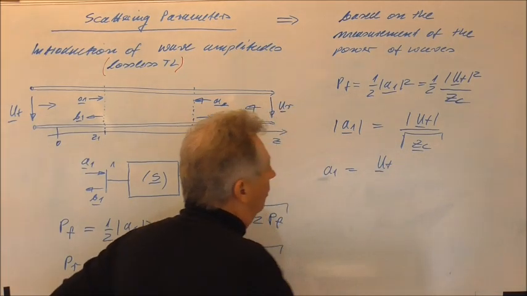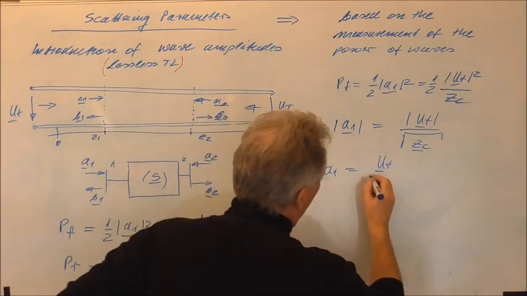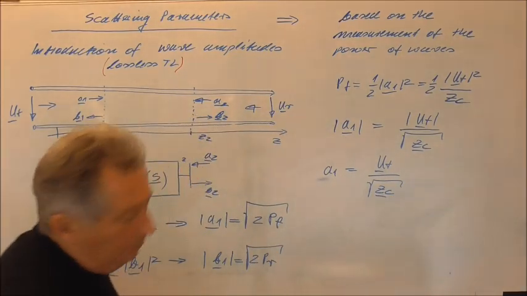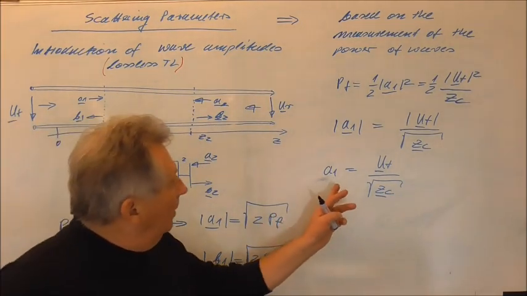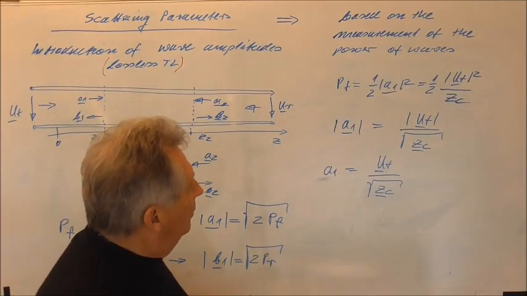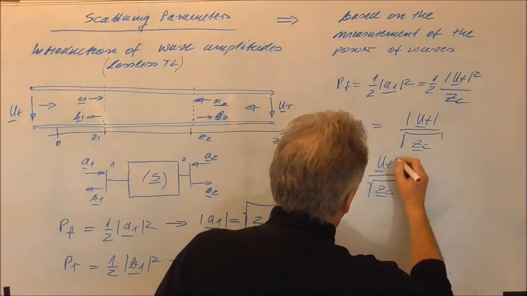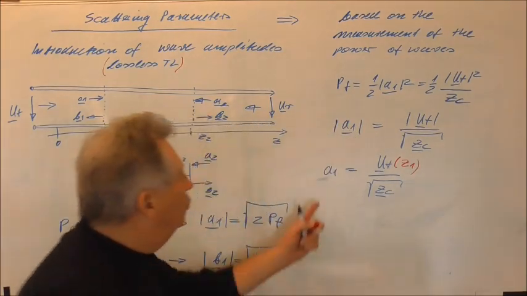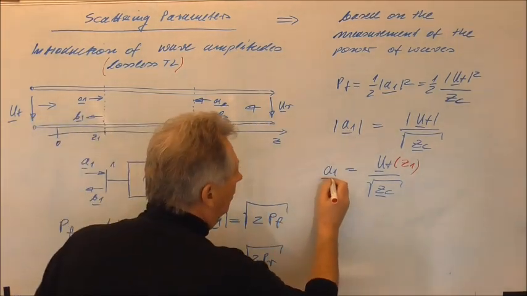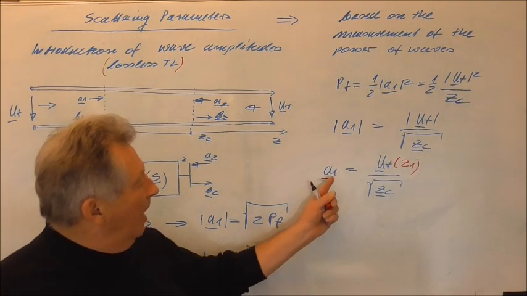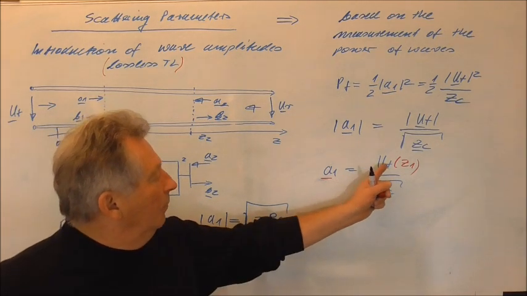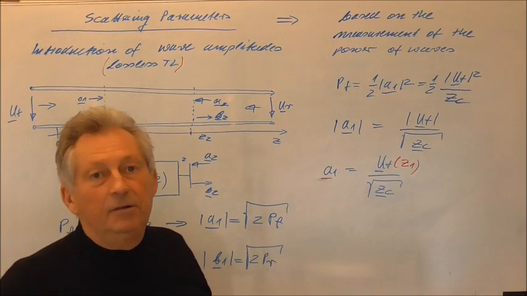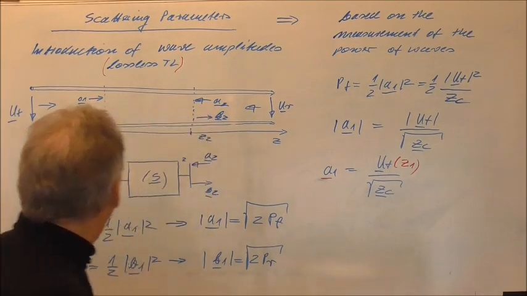Of course, this voltage is a complex constant divided by Zc, but now we must assign a certain phase. So we must assign, for example, the phase at Z1 to our A1.